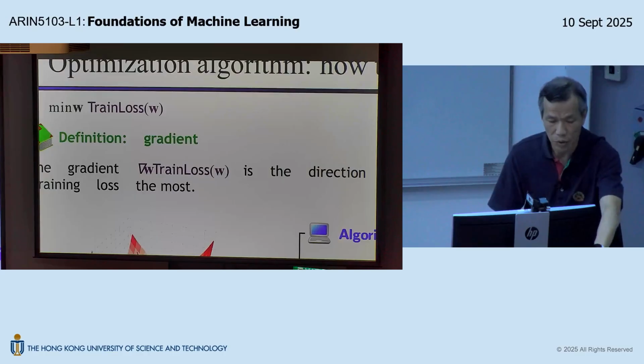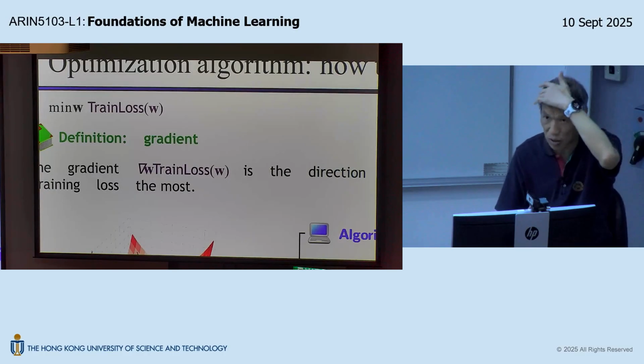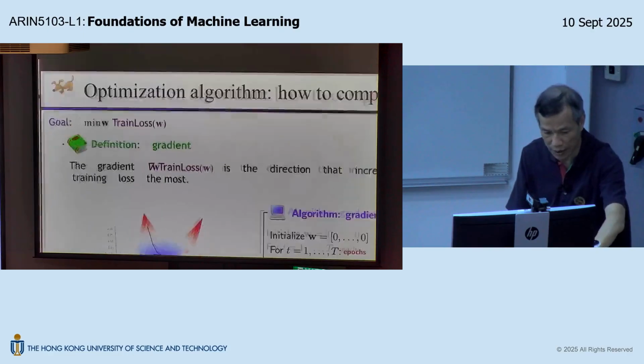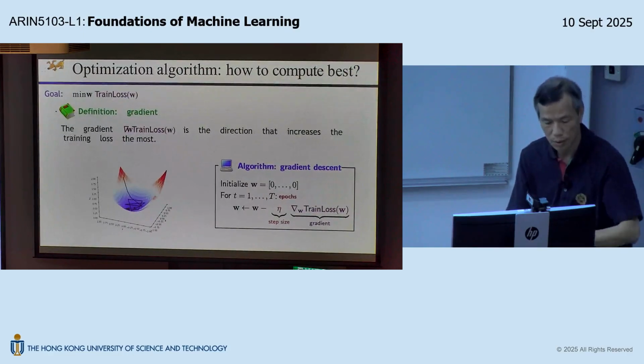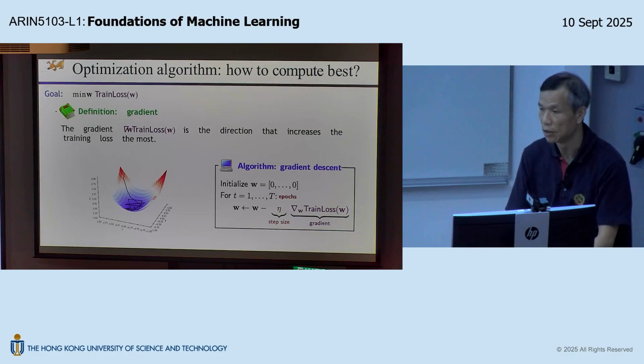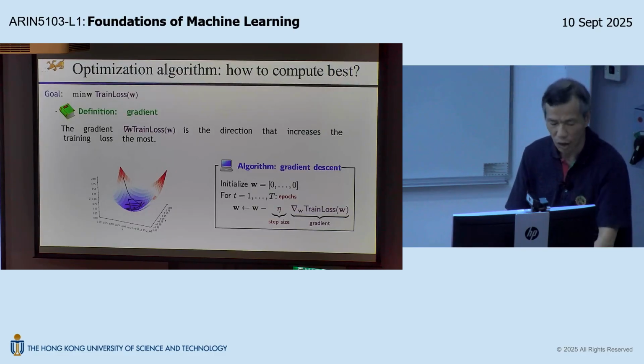This W is typically a vector, because the number of parameters in the model is often quite large. Even in our simple example, we already have two parameters. So W is a vector. This is the notation. But oftentimes you can just connect this with your univariate calculus.